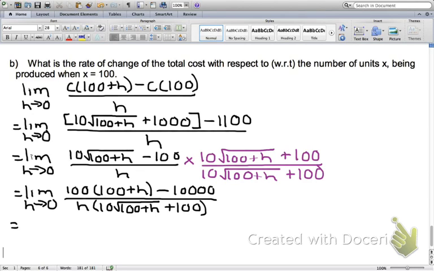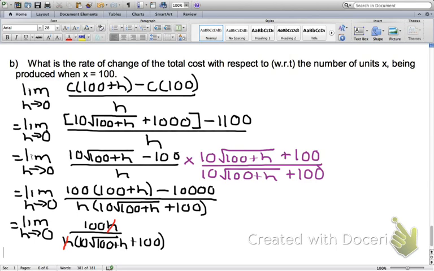So then we can expand, and when we do so, we are going to be able to cancel out our 1,000, because 100 times 100 will cancel out with that 10,000, and what we'll be left with is 100h all over h times (10 times the square root of 100 + h plus 100). And just like before, we can now cancel out those h values.